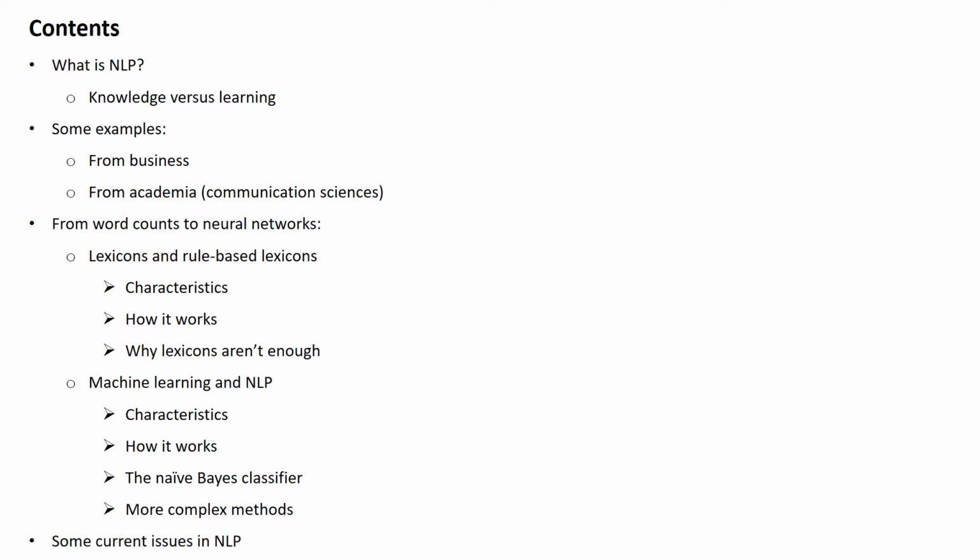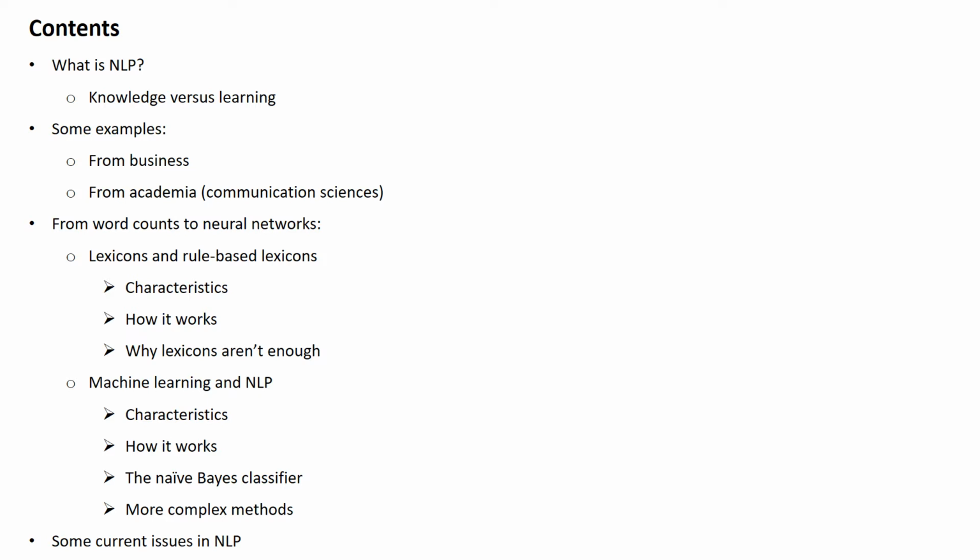And especially relevant to us academics, I'm also going to discuss how scientists, or communication scientists in particular, are using NLP in their research. And then the third block, it's also the largest block of the lecture, we're going to actually look at how NLP works. We're going to look at lexicons and rule-based lexicons, how they work, why they're not sufficient to do some proper NLP analysis.